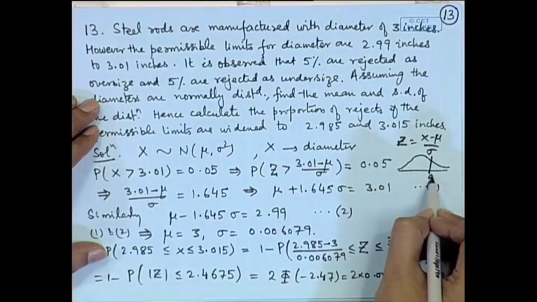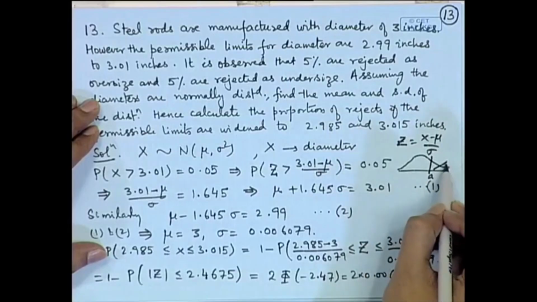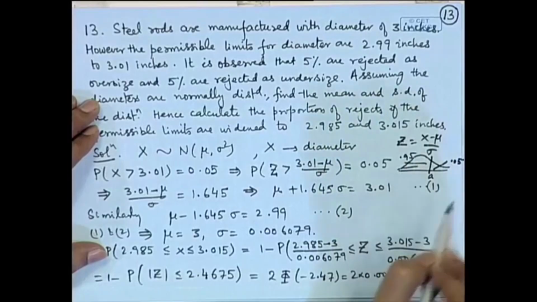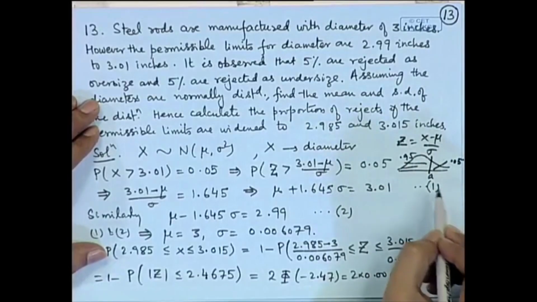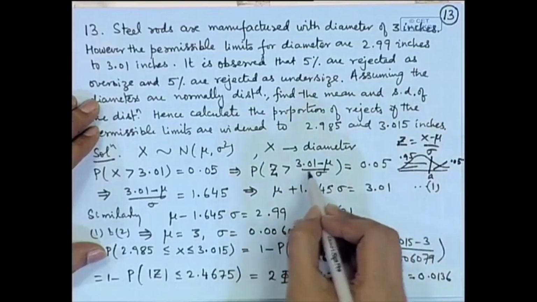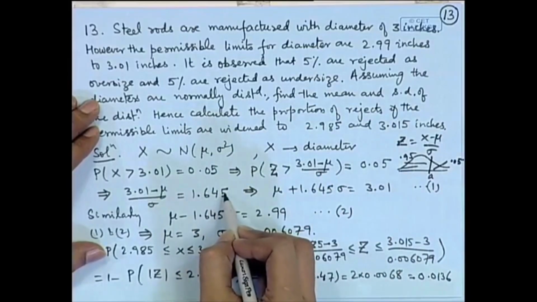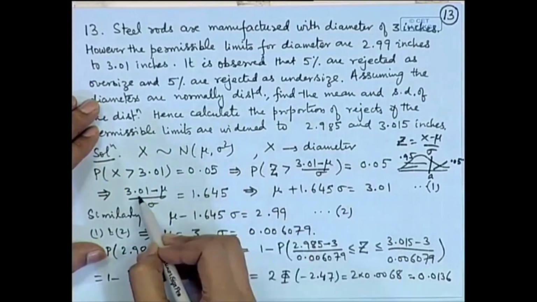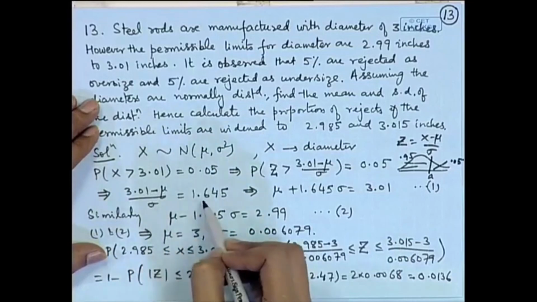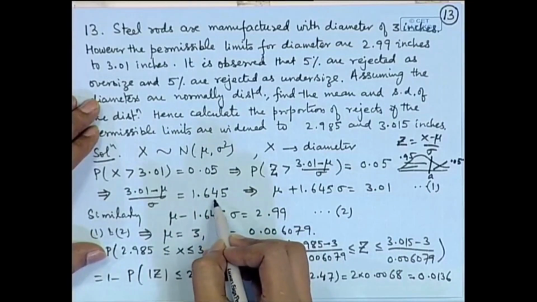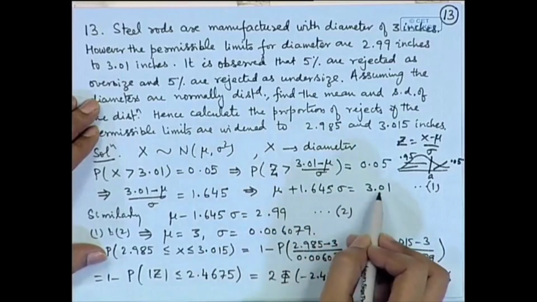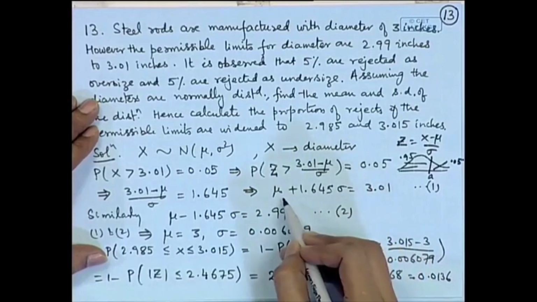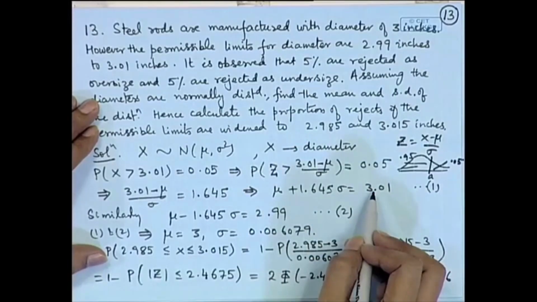Let us call this point a, the point such that beyond this you have 0.05 probability, or before that you have 0.95 probability. So, see the tables of the normal distribution, this point a is 1.645. So, we get the equation (3.01 minus mu) by sigma is equal to 1.645. After simplification, the equation reduces to a linear equation in variables mu and sigma.